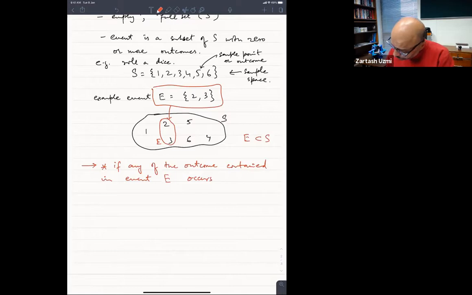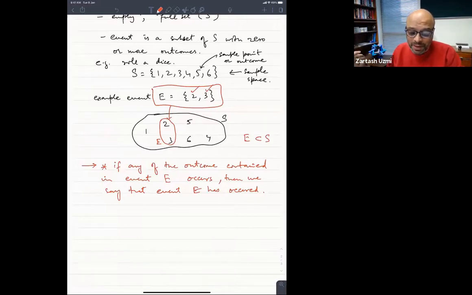If any of the outcome contained in event E occurs, then we say that event E has occurred. ठीक है? तो इस example से अगर relate करें, अगर हमारे पास 2 आ जाएगा तब भी हम कहेंगे कि E occur कर गया, अगर 3 आ गया तो भी हम कहेंगे E occur कर गया. हमें ये पता है कि दोनों simultaneously नहीं आ सकते, because these outcomes cannot happen simultaneously. Precisely, exactly one and only one outcome will occur in the sample space.